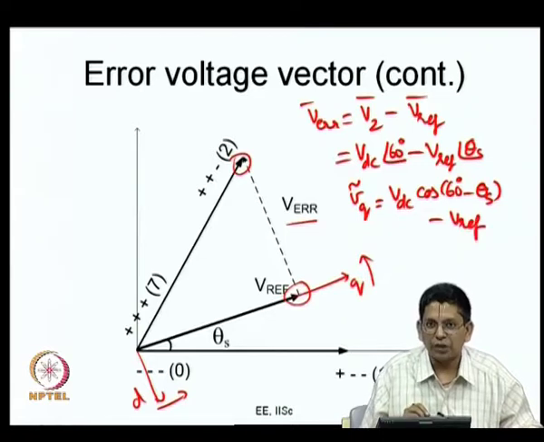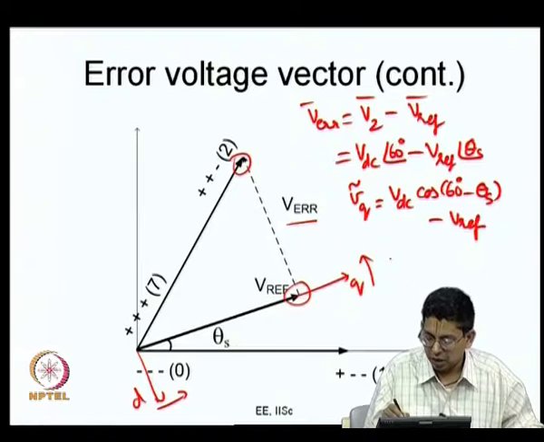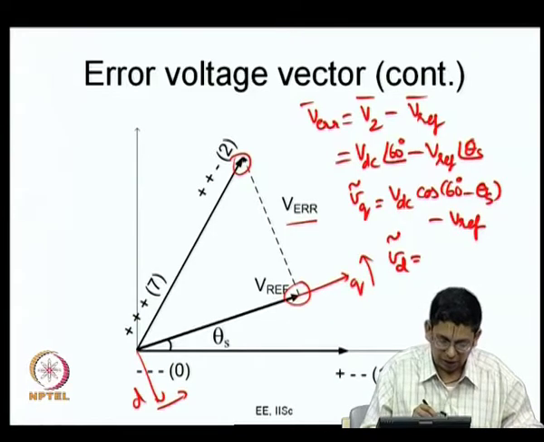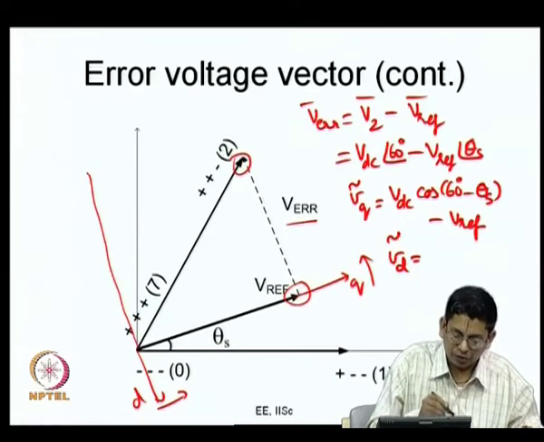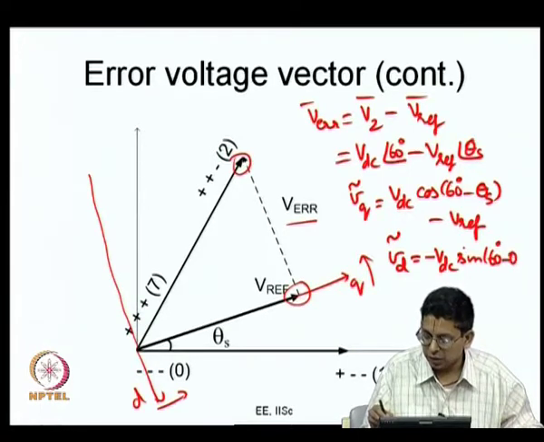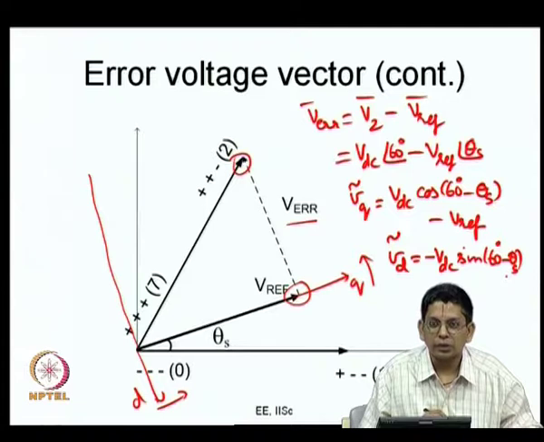This is the VQ tilde: the applied component minus the desired component. And then what is VD tilde? VD tilde is what you have along the d axis, which is nothing but minus VDC sine of 60 degree minus theta s, right. So, this is what it is.